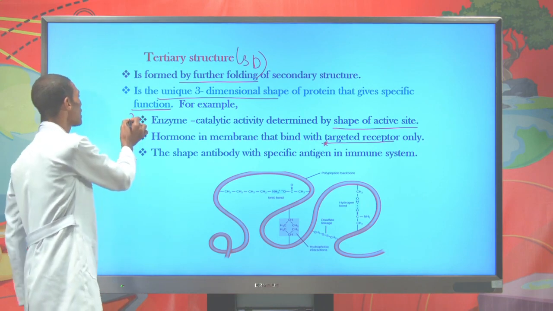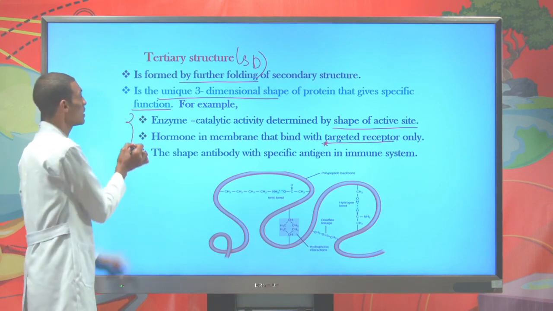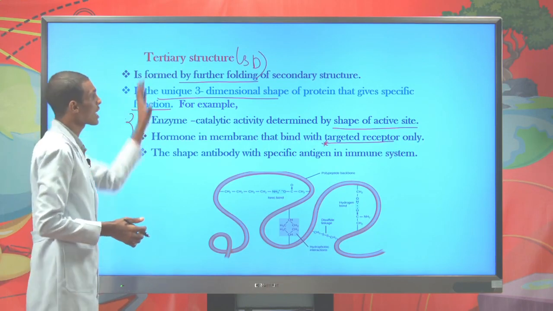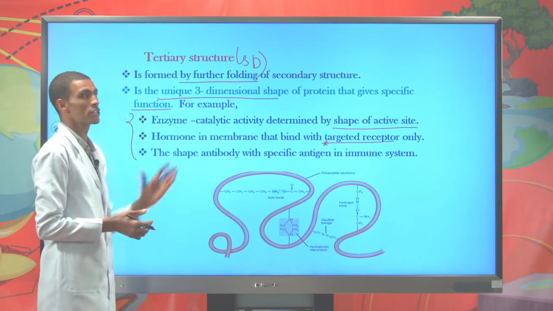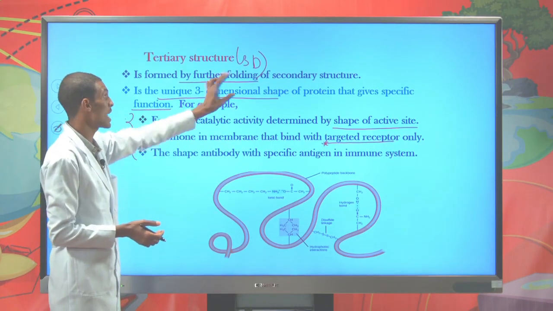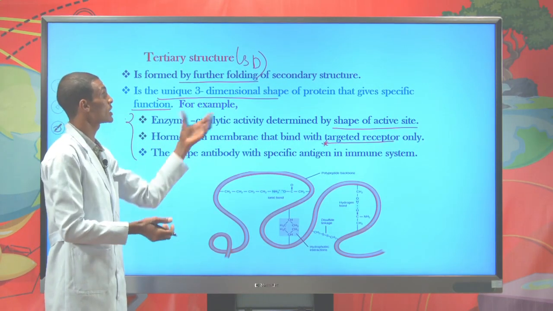These three examples are the most important examples of tertiary structures. When secondary structure becomes folded together, it forms a tertiary structure, which is very important for the 3D or three-dimensional shape to give specific function.